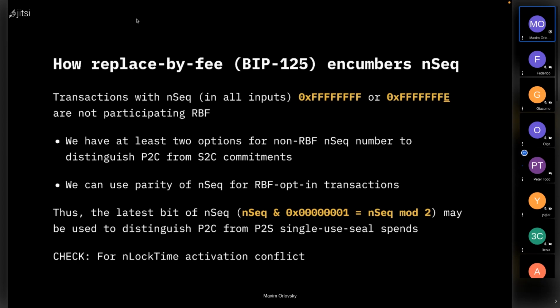But I mean, here's a bigger picture question, which is, why have all of this complexity rather than just make the type of commitment to use already determined by the thing that picks the single use seal in the first place? It's not really clear to me why we actually need this flexibility.